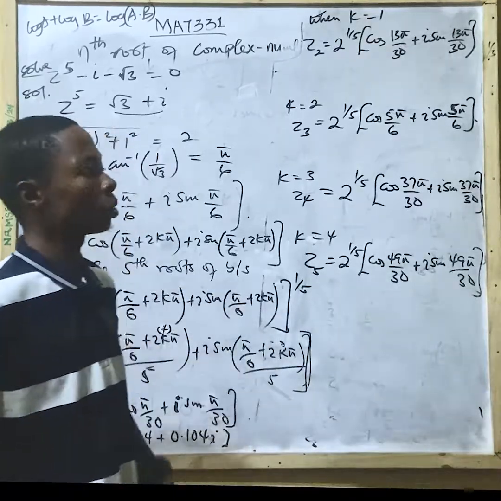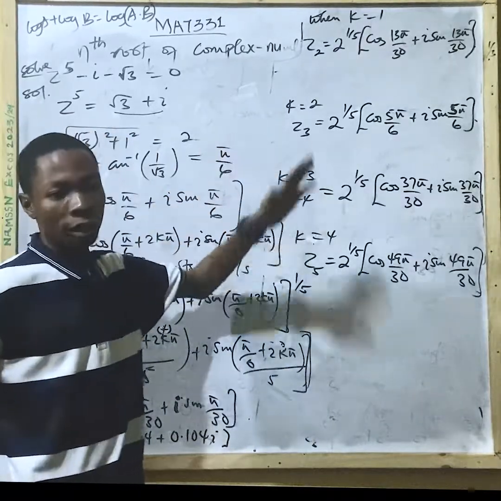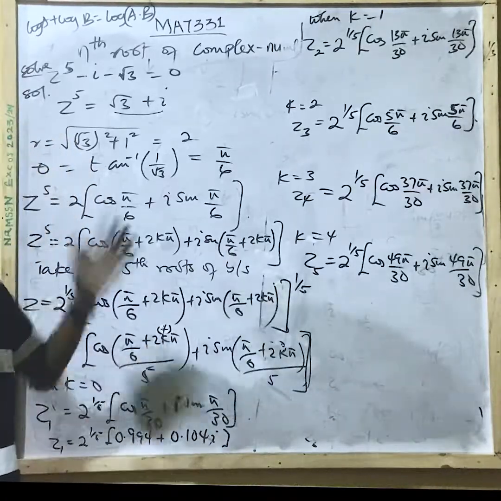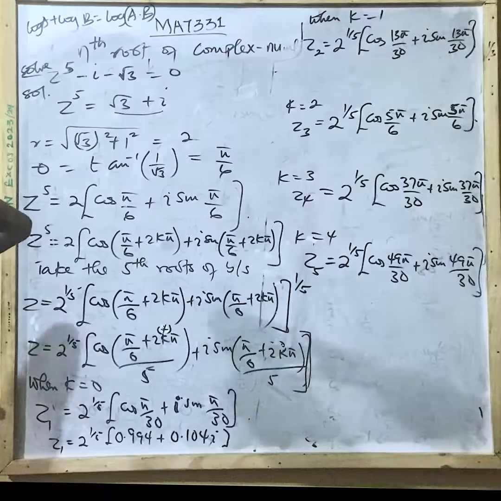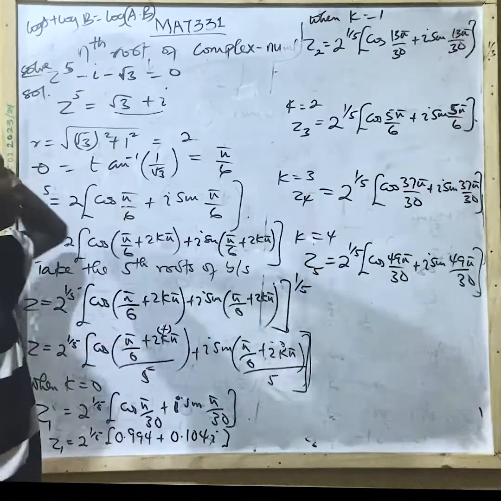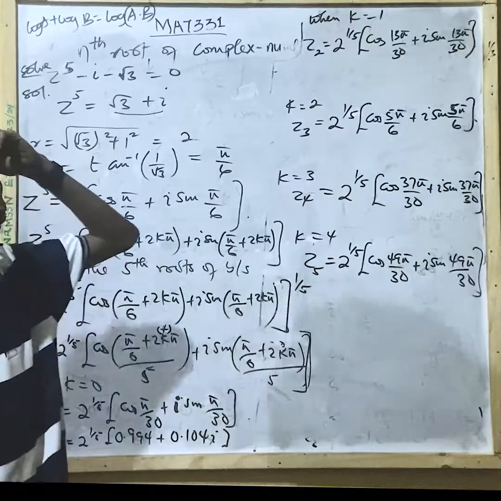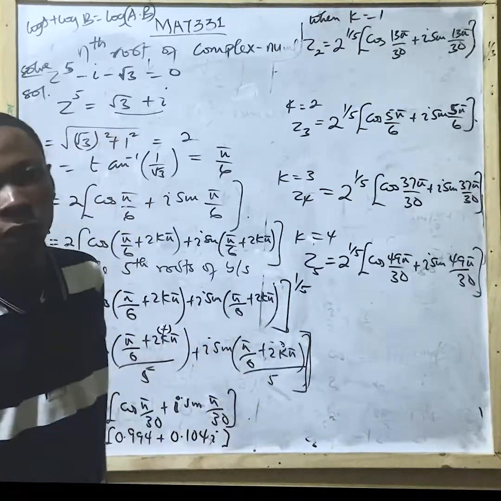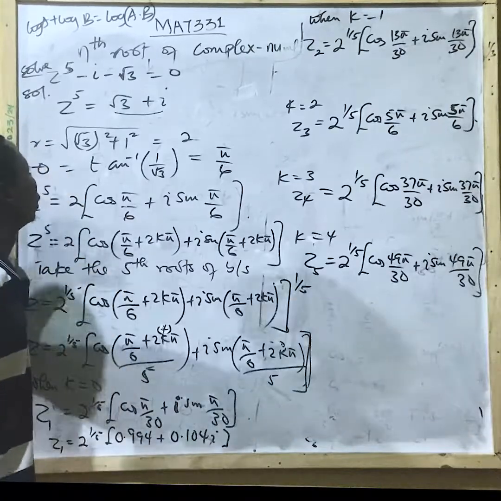Then we discussed how to find the modulus and argument of a complex number, and the logarithm form. We moved to De Moivre's theorem, which is one of the integral parts of this topic. It has about 3 applications that we discussed: expansion of trig functions and how to find the roots.